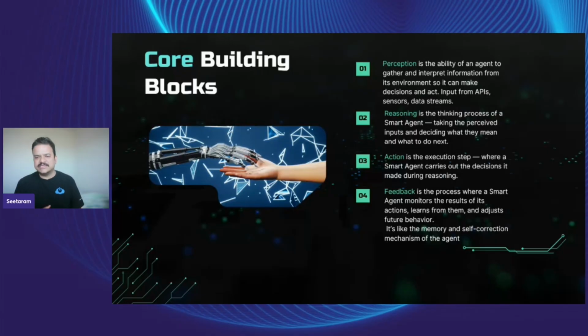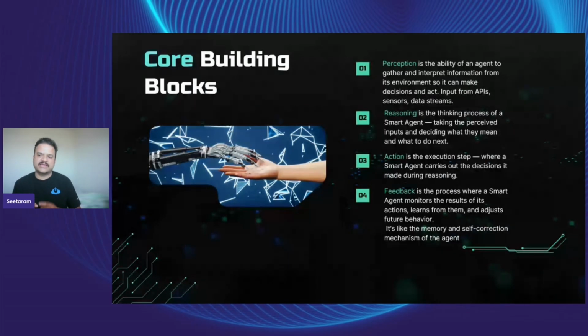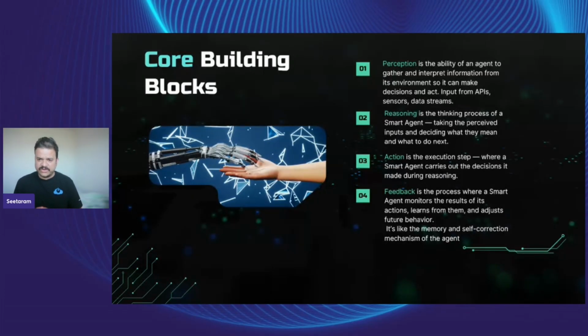The beauty is that it is able to take feedback, work on that feedback, and go back to take more actions if needed, or end the process. So the AI agent can robustly get data, think about it, take actions, and also work on feedback.